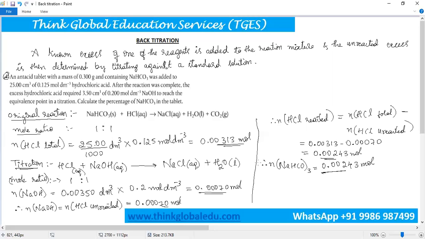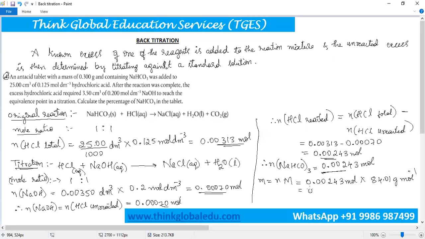So now we can determine the mass of the sodium bicarbonate in the reaction, and calculate its mass percentage. We know that mass is equal to number of moles times molecular mass. So the number of moles is 0.00243 moles times the molecular mass of sodium bicarbonate, 84.01 grams per mole.